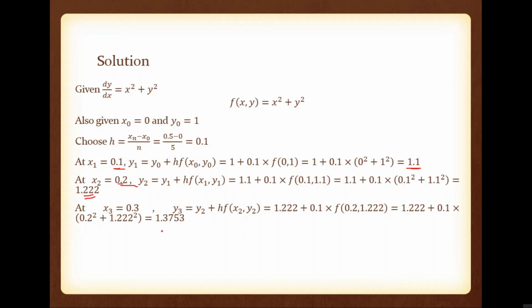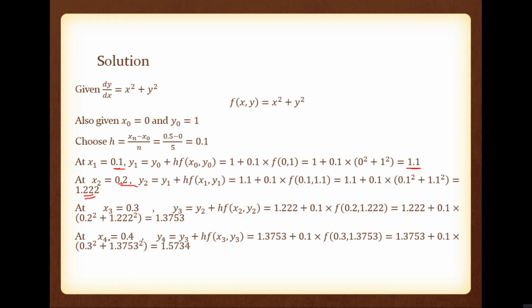So now by using this x3 comma y3, these two values, we have to find y4 corresponding to x4 equal to 0.4. So here x4 equal to 0.3 plus 0.1, that is x3 plus h, we have 0.4.